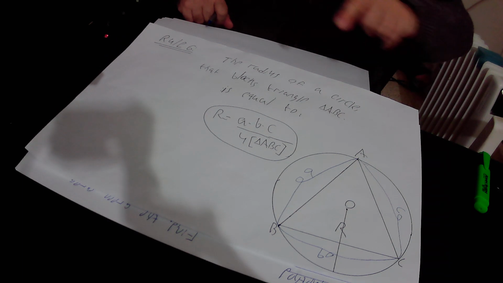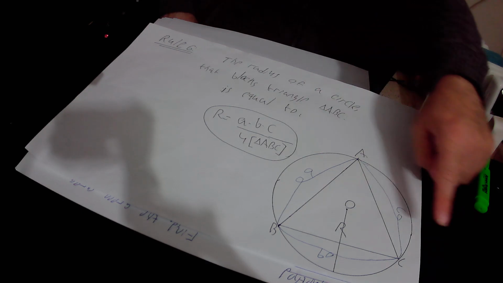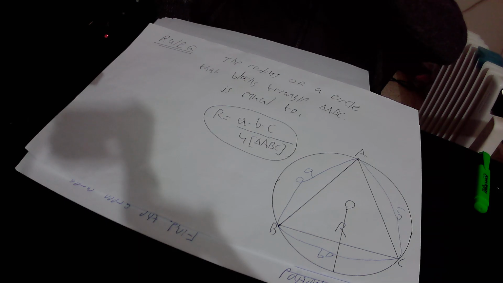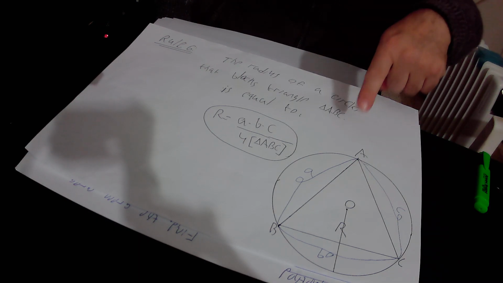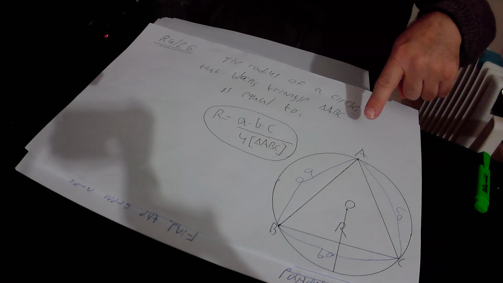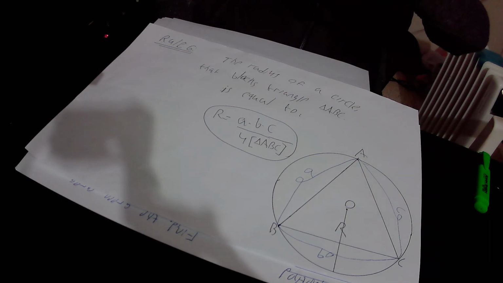In the drawing of rule number 6, we have a circle that blocks this triangle ABC. Side AB of the triangle equals A units in length, side BC equals B units in length, and side AC equals C units in length.